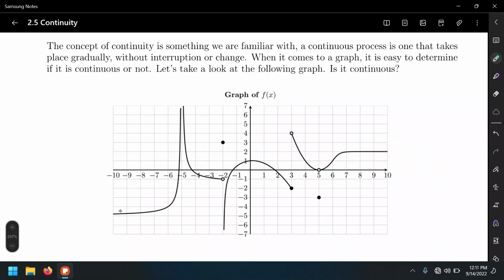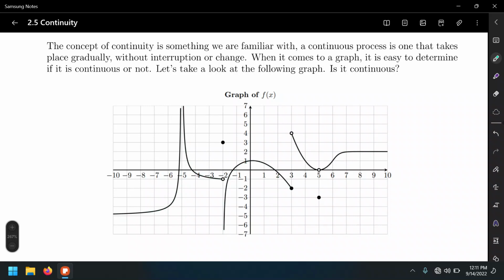But what about this graph? I have to lift my pencil here so I can keep drawing it, and here, and here, and right here as well. So this is not a continuous function.